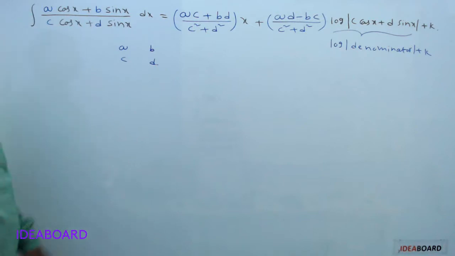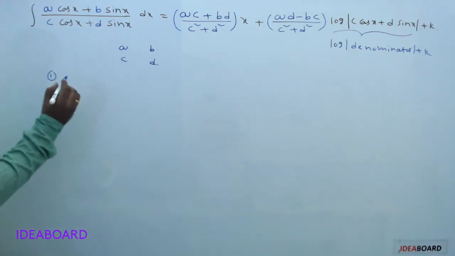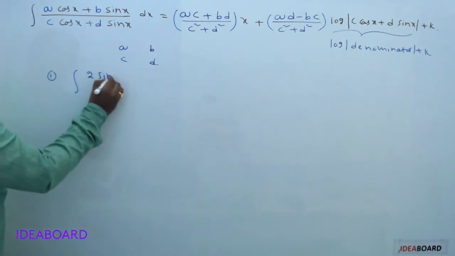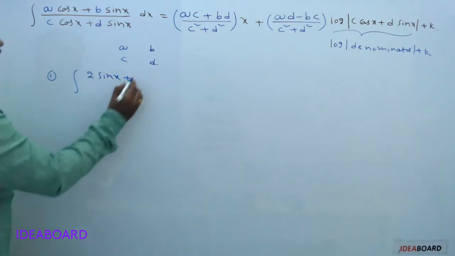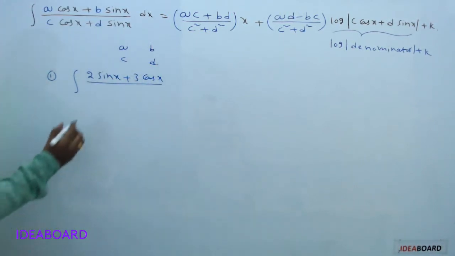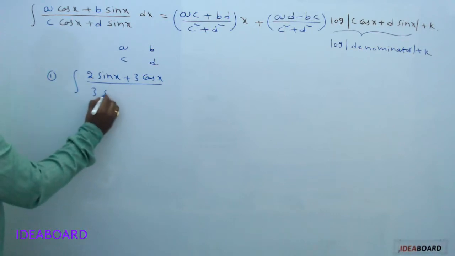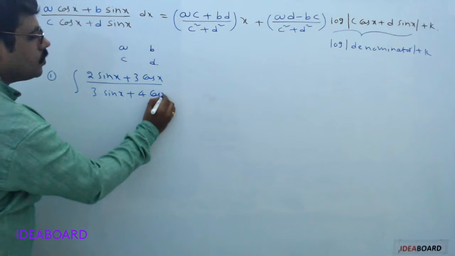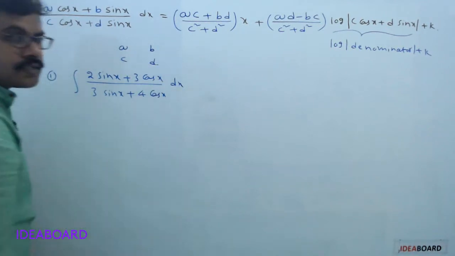Now see an example on this model. Suppose the integral of (2 sin x + 3 cos x) divided by (3 sin x + 4 cos x) dx.